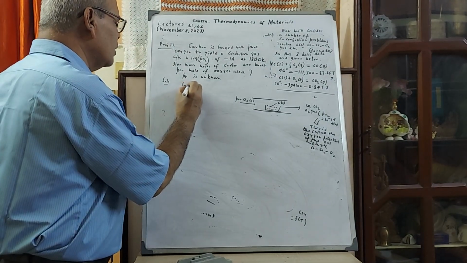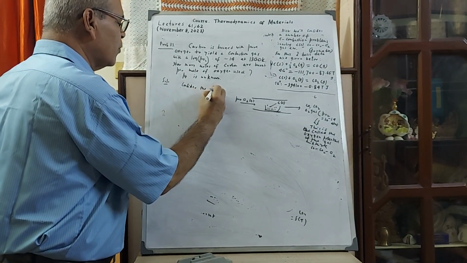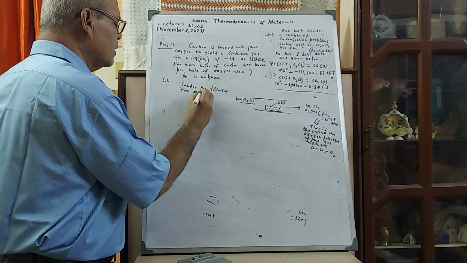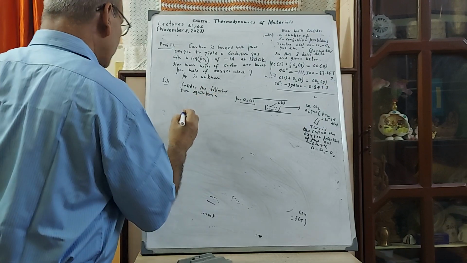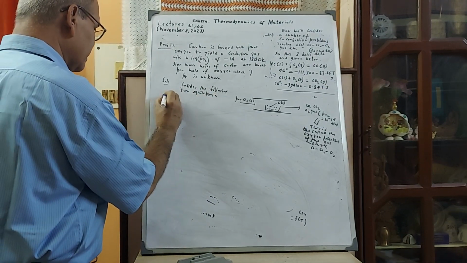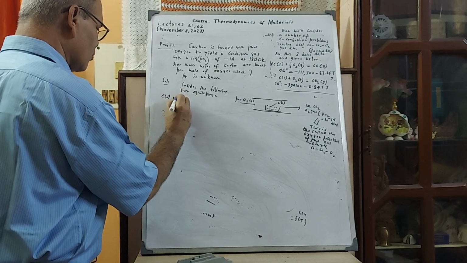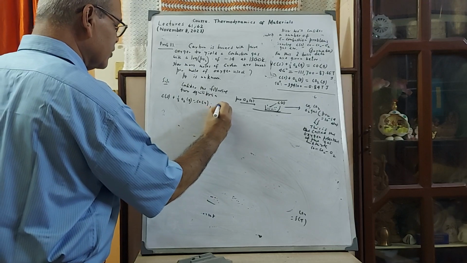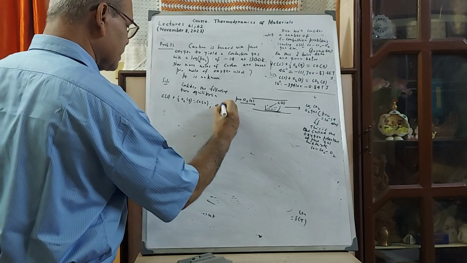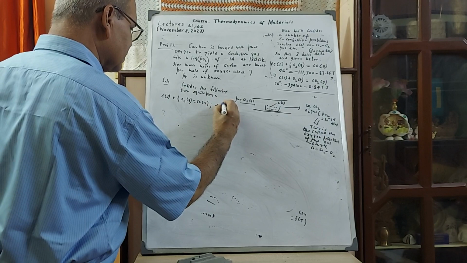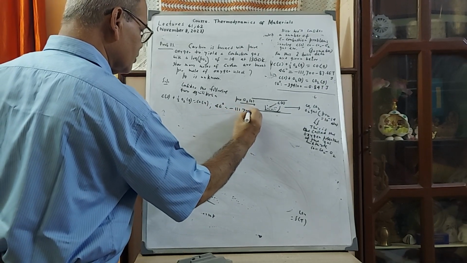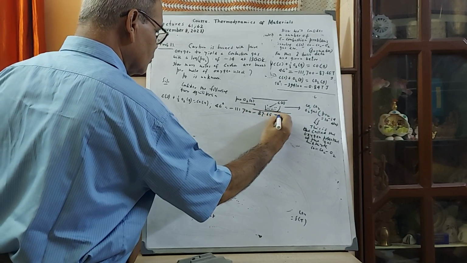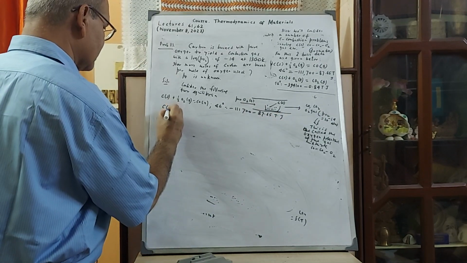Consider the following two equilibria. As you know, I wrote them before, but it is for completeness right here also. C solid plus half O2 gas goes to CO gas. Delta G0 I wrote, but I have removed this: minus 111700 minus 87.65 T joule, and another is C solid.